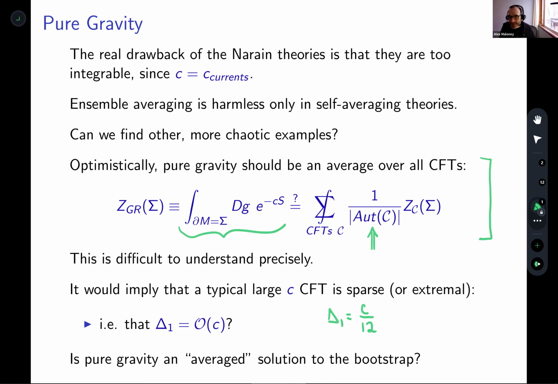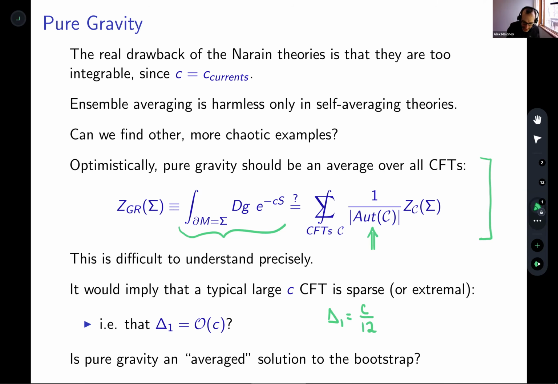I don't know any 2D CFT where the lightest primary operator has dimension bigger than 2. And so, in general, it's been a very interesting challenge to understand how to construct even one example of a conformal field theory where the lightest primary operator has dimension of order the central charge.